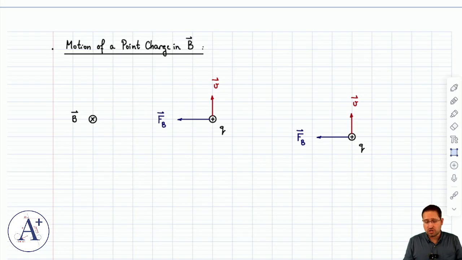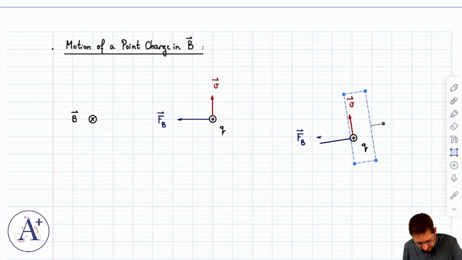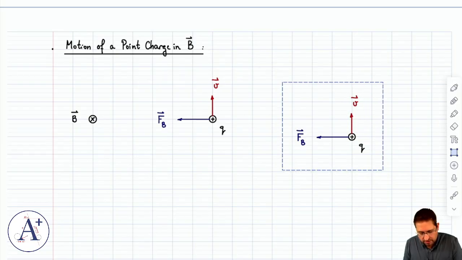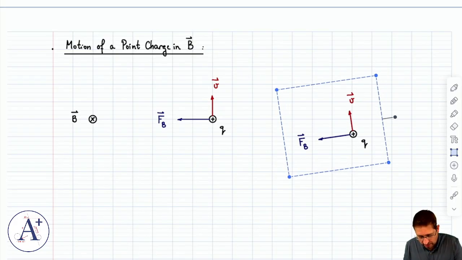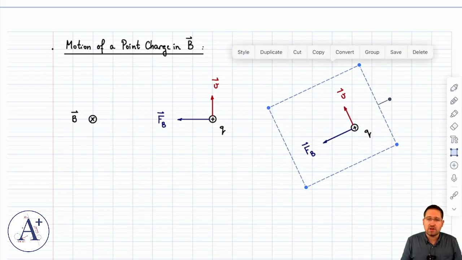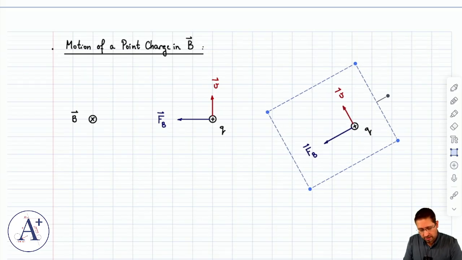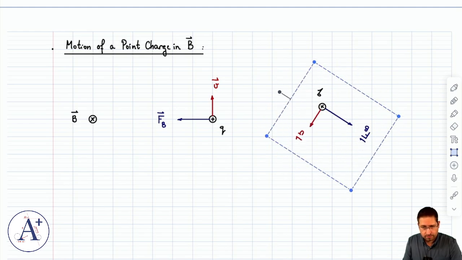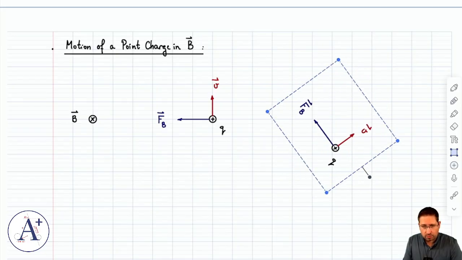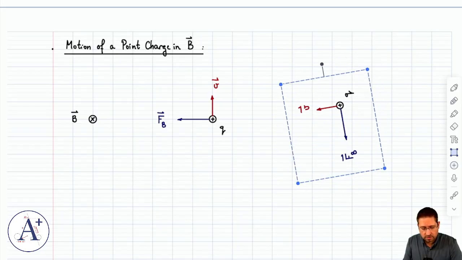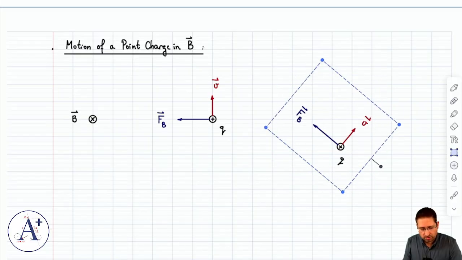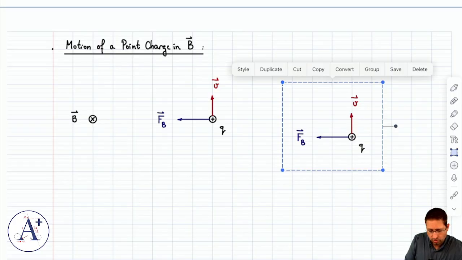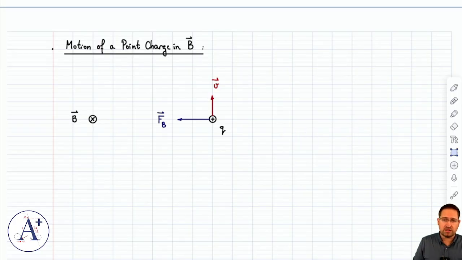So the magnetic force can change the direction of velocity. So it's going to want to rotate velocity like this, right? Take it and rotate it this way. The thing is, FB must always remain perpendicular to v at all times. So yes, it rotates v, but with it, FB rotates. And you can generalize this, and what you get is circular motion, where the force always points toward the center and is always going to be perpendicular to velocity, so you get circular motion when these particles are moving through a magnetic field.